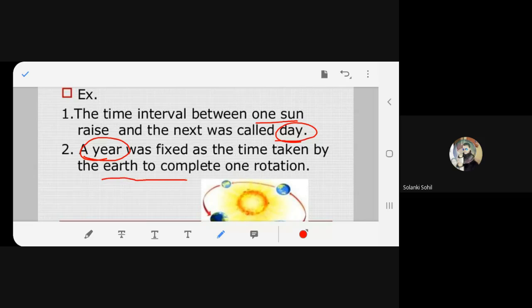The earth completes one rotation around the sun. This is the sun. So Earth completing one rotation around the sun is called the year. Now this time interval is fixed. A day is fixed and a year is fixed. Is it clear? Yes. So time is fixed. This is how we find the time.